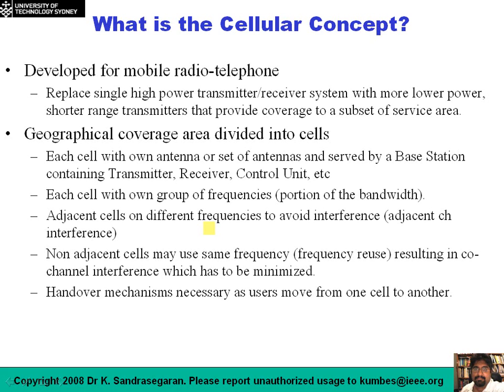So there was a need for handover mechanisms as users move from one cell to another, and because of this, you also had to incorporate inside the mobile phone mechanisms by which it will take measurements of all the neighboring cells and report these measurements continuously to the network, and the network will then decide what is the next cell that is going to serve a particular mobile station.